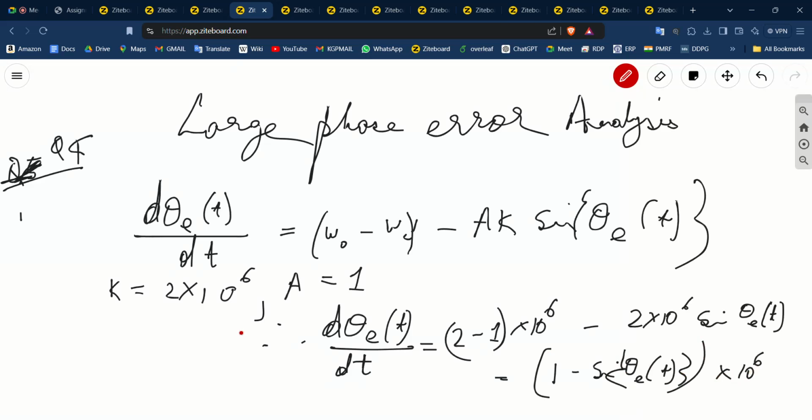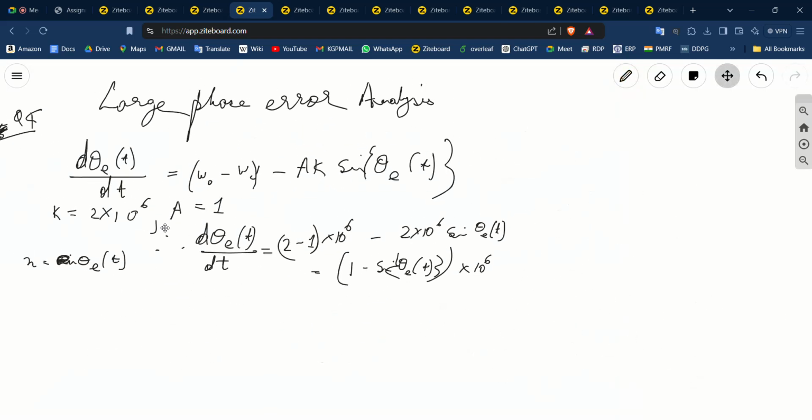Now let's write x equal to theta e(t). Therefore, just for brevity, this equation becomes dx/dt is equal to 1 minus sin x into, and instead of 10 to the power 6, let's write n.